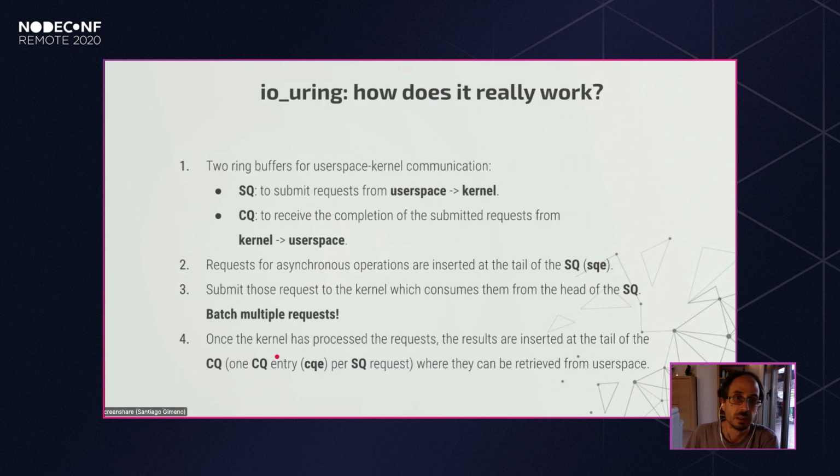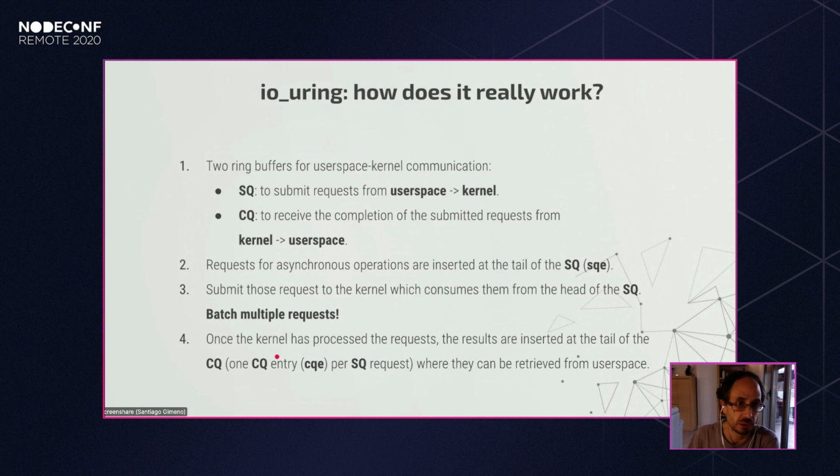But how does it really work? As mentioned before, there are two ring buffers for the user space kernel communication. First is the submission queue, SQ, that is used to submit requests from user space to kernel. And second, you have the completion queue, CQ, to receive the completion of the submitted requests from kernel to user space. The requests for async operations are inserted at the tail of the submission queue, one entry, SQE, per operation.